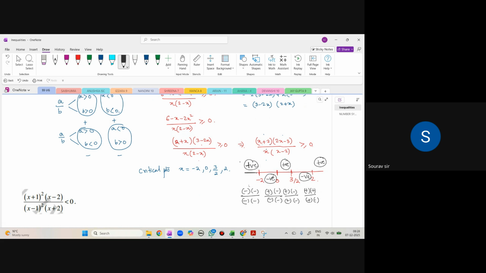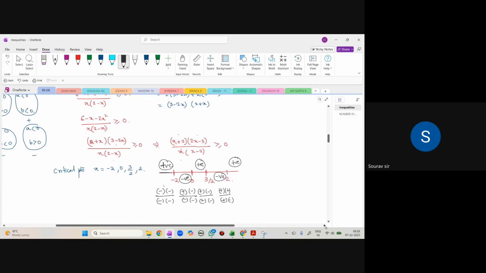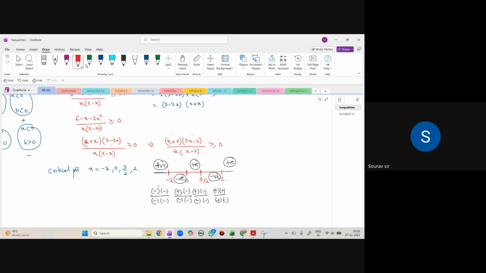So if you just draw this diagram, this is called the wavy curve method. So the curve will go like this. I'll draw the curve separately, but now here you have to be careful.